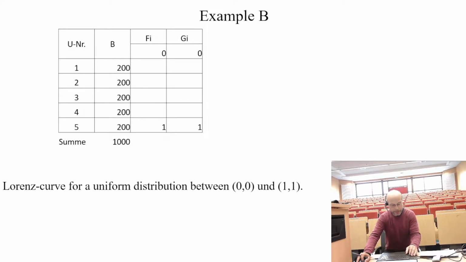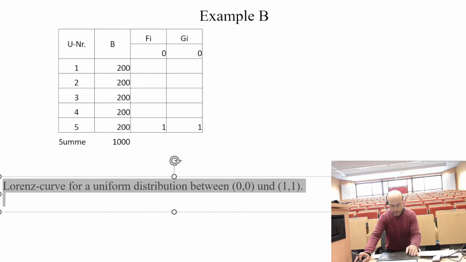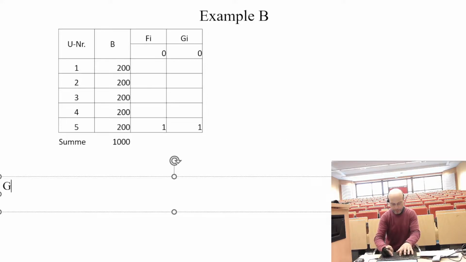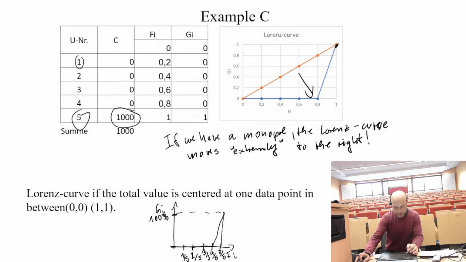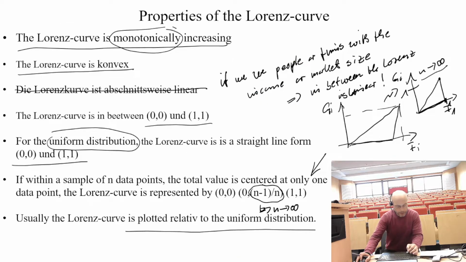So in this case, we start with example B in order to calculate the Gini coefficient. Oh, we had only shown the Lorenz curve.